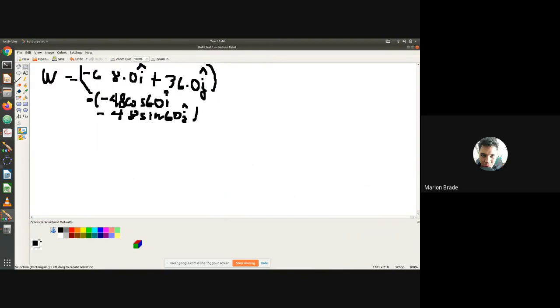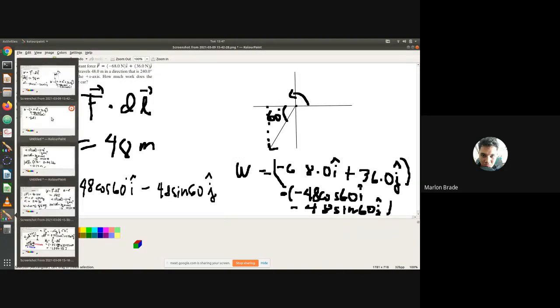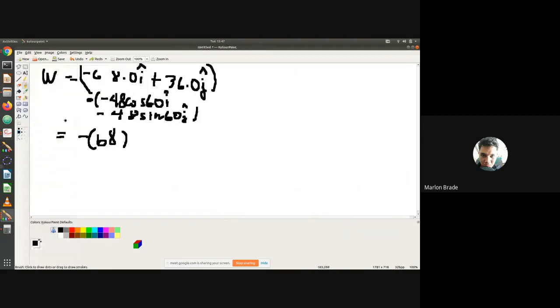So it is equal to negative 68.0 multiplied by negative 48 cosine 60. Negative times negative makes a positive, right? So it is positive.